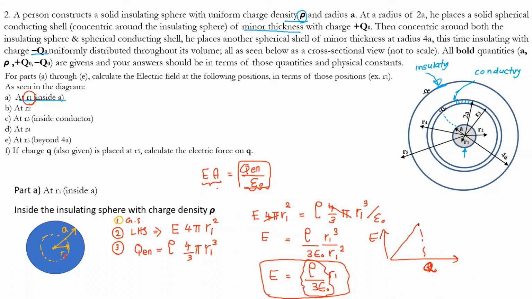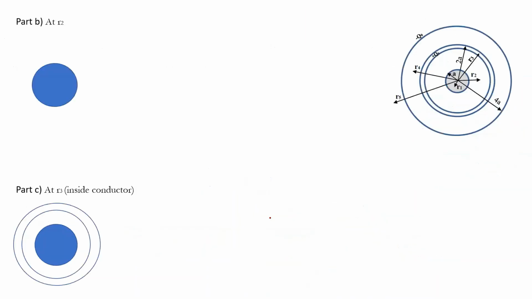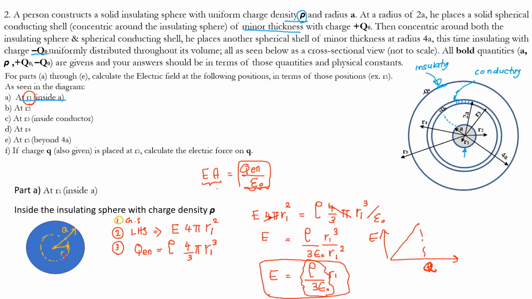With R1, electric field increases. So you're good with part A, right? When we go to the next part, you will see we are repeating every step over and over again. Tell me when you are done with this, and I will move to the next one.